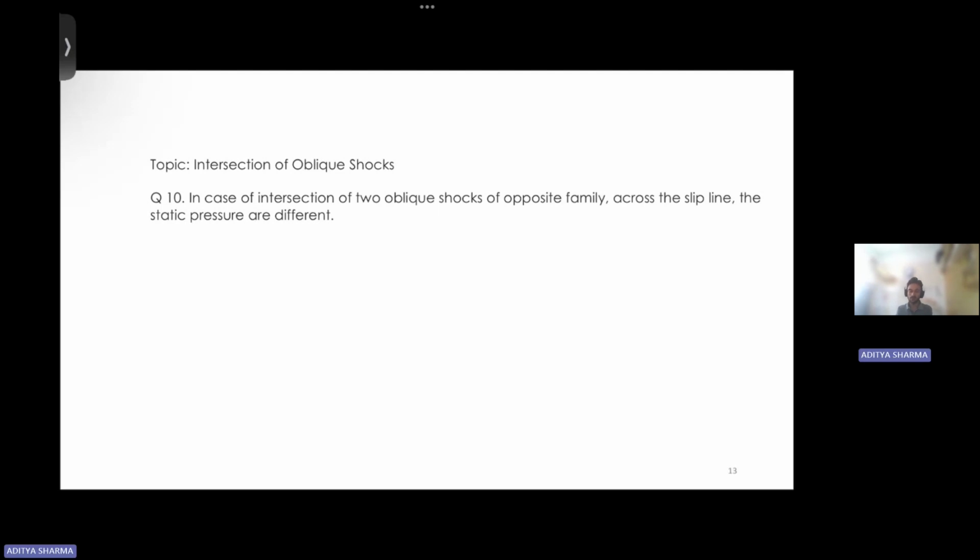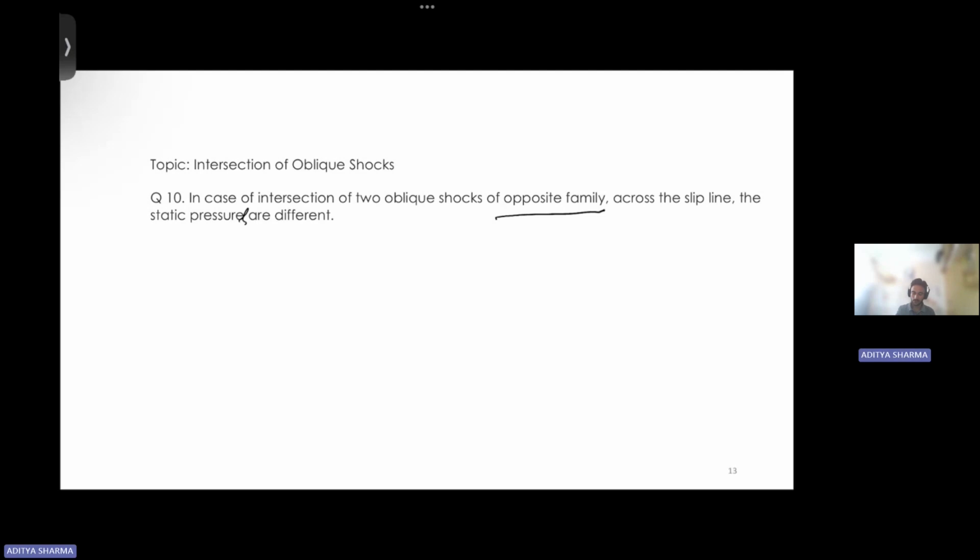It says that in case of intersection of two oblique shocks of opposite family, again we are discussing opposite family, across the slip line, the static pressures are different.